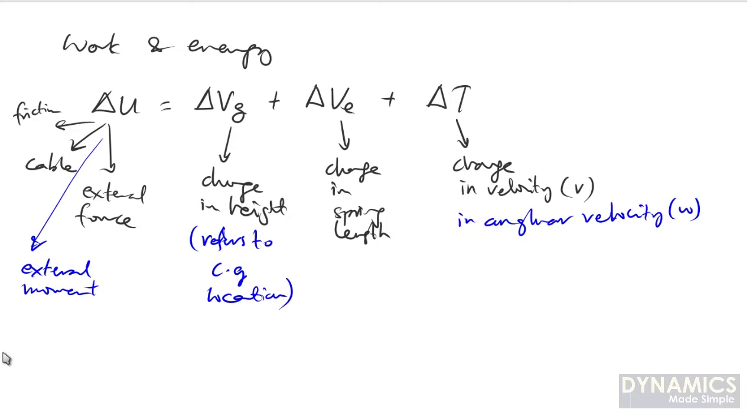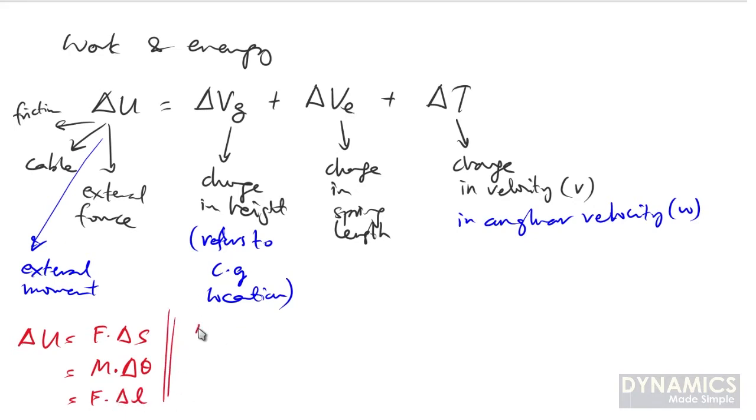In terms of equation itself, delta U equals, if we are talking about force, force times delta S. If we are talking about moment, moment times change in angle. And if we are talking about cable, again we have force times delta S, or force times delta L, or the change in the length of the cable.